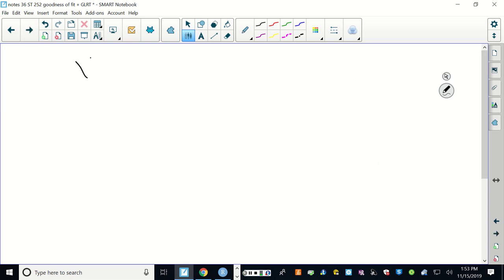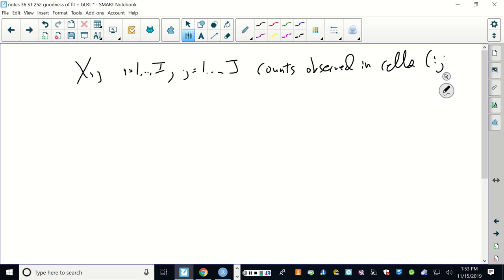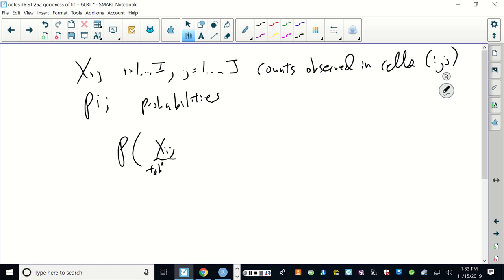So if x_ij, with i going from 1 up to I and j going from 1 up to J, are the counts observed in cells ij, and p_ij are the probabilities, then this is the probability that we see our whole table of counts under a model.